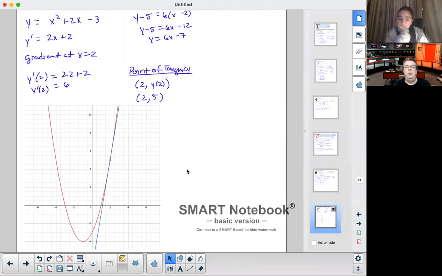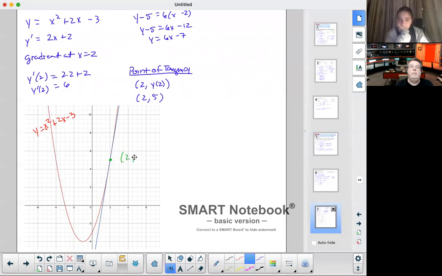Okay, so red is the original function, which is y equals x squared plus 2x minus 3. Now, kind of small, I have plotted the point of tangency, which we figured to be 2, 5. And that's because we wanted to find the gradient at x equals 2, right? And we found the gradient to be 6.